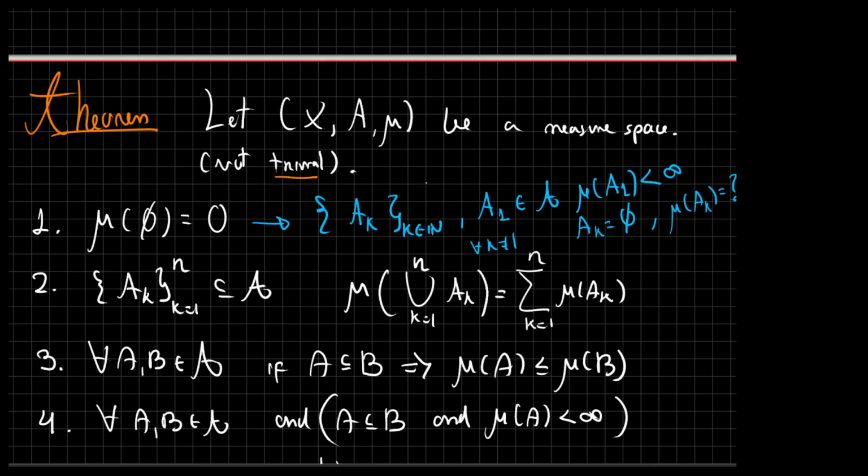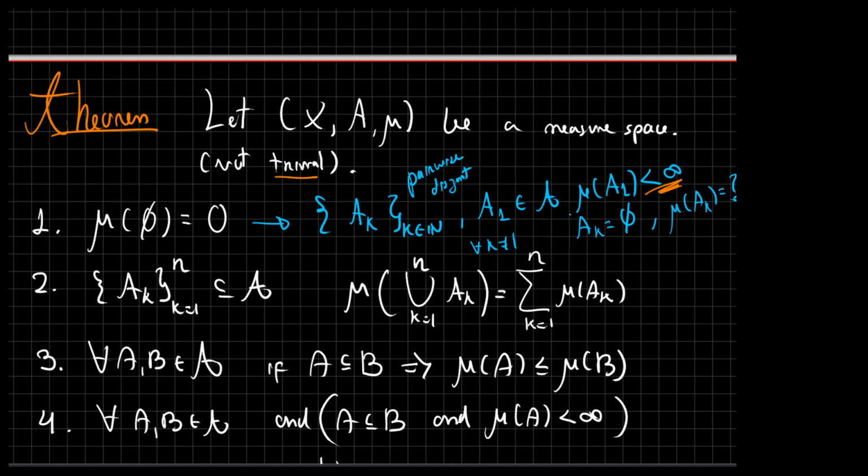So this family is clearly pairwise disjoint because everything is the empty set except for the first element, which could be the empty set also, but let's take an arbitrary element of the sigma algebra such that its measure is finite.